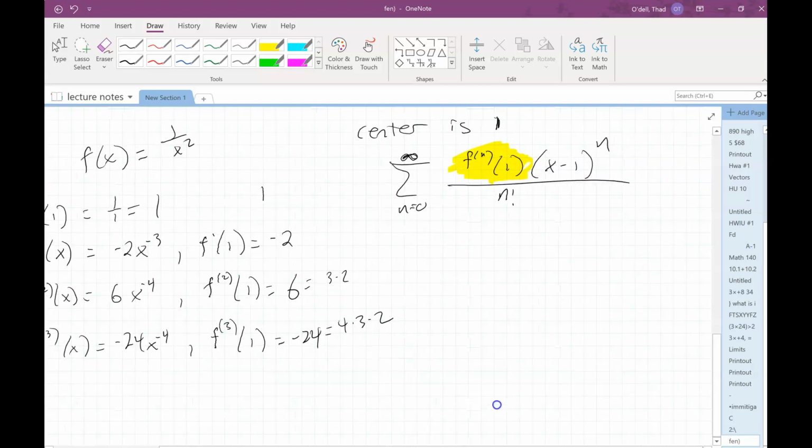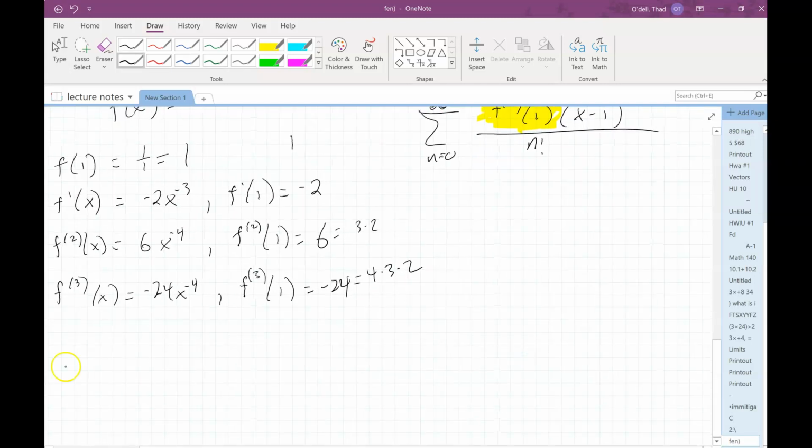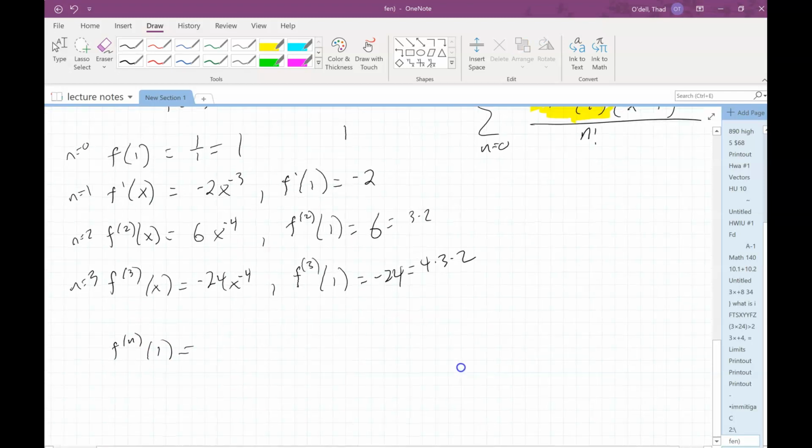So let's do f of the nth order derivative evaluated at 1. It seems like it must be some factorial. Let's compare.